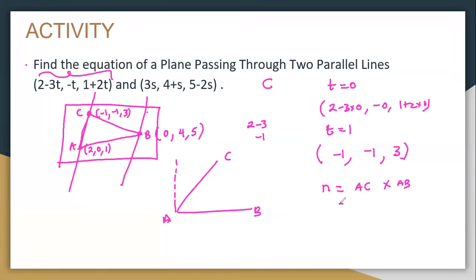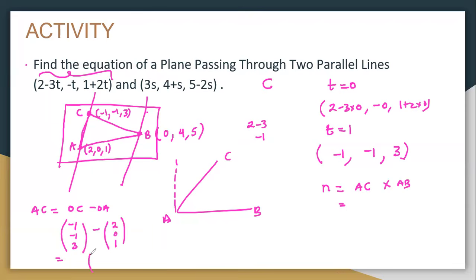Now to get your AC, you know that AC is equal to OC minus OA. Our OC, I've used (-1, -1, 3) as my OC. So it's going to be (-1, -1, 3) minus my OA, which is (2, 0, 1).